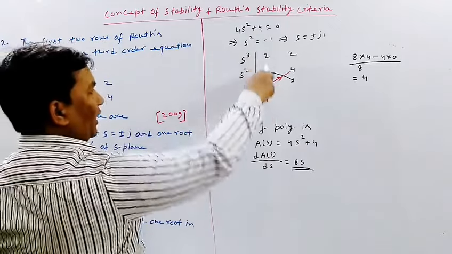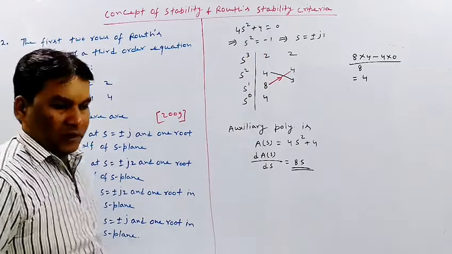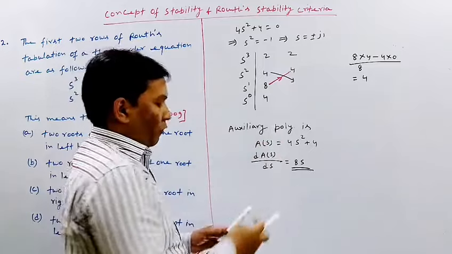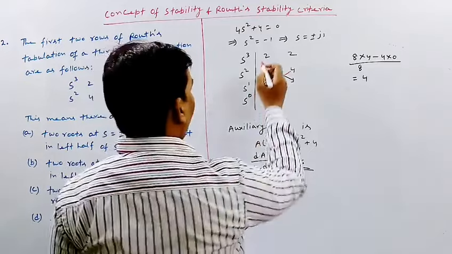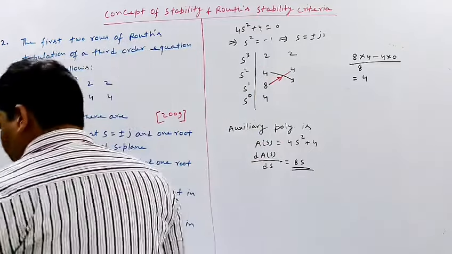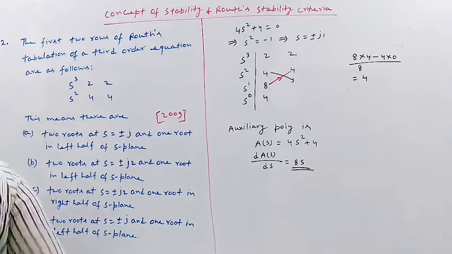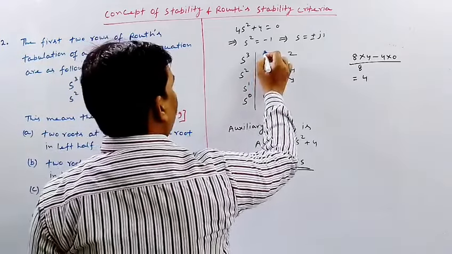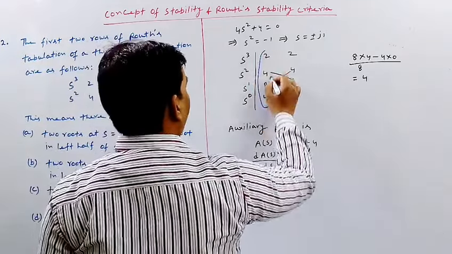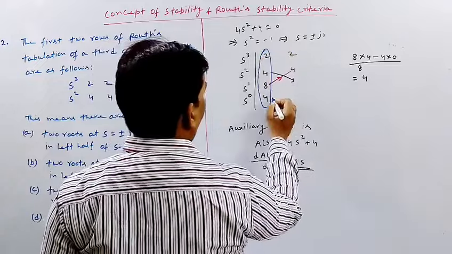Now we have to see the first column of Routh's array. This is the first column of Routh's array, let me denote it by blue.